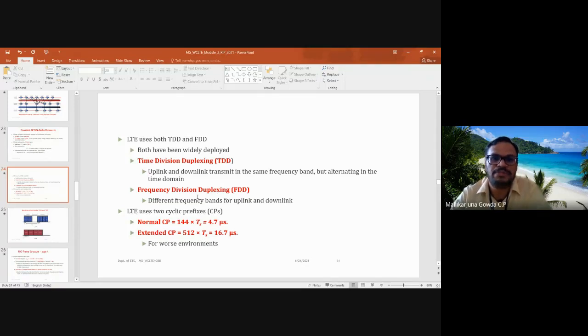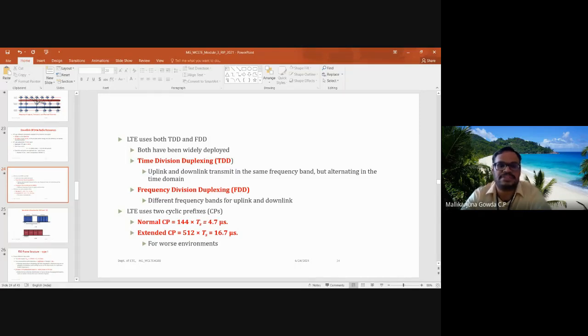Uplink will be of one frequency band and downlink will be of another frequency band. But in case of TDD, both uplink and downlink will be on the same frequency band, but at different times.